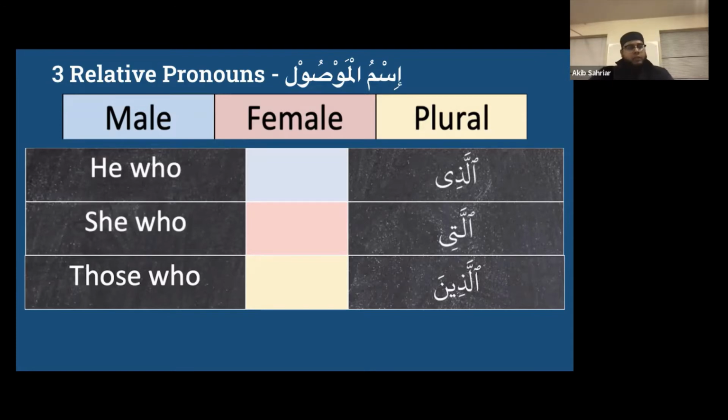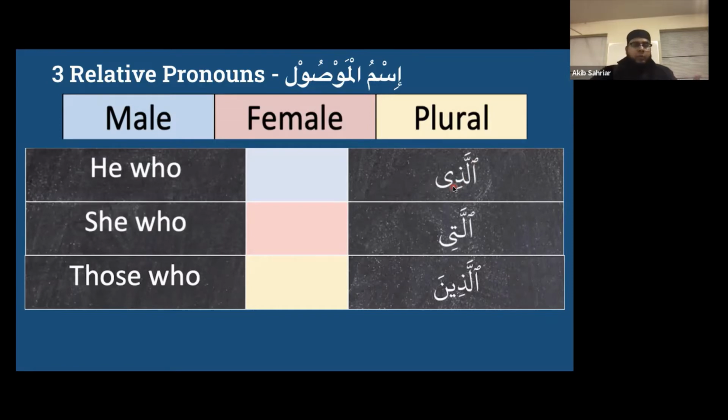So it's kind of like an adjective, like you describe something of a person. So it's going to describe that noun, whether that noun is male or female or plural, right? So all three are mentioned here. Number one is alladhi for masculine, for the male, he who, whether it's the man who, or whether it's a masculine noun like al-kitabul ladhi, right?